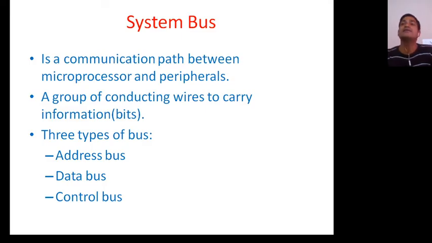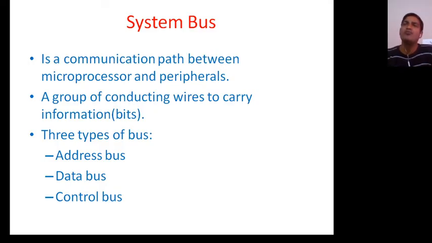And the data bus is always bidirectional. When I am contacting my friend, there is a conversation: sometimes he is telling and I am listening, sometimes I am telling and he is listening, which means bidirectional. So why is the address bus unidirectional?